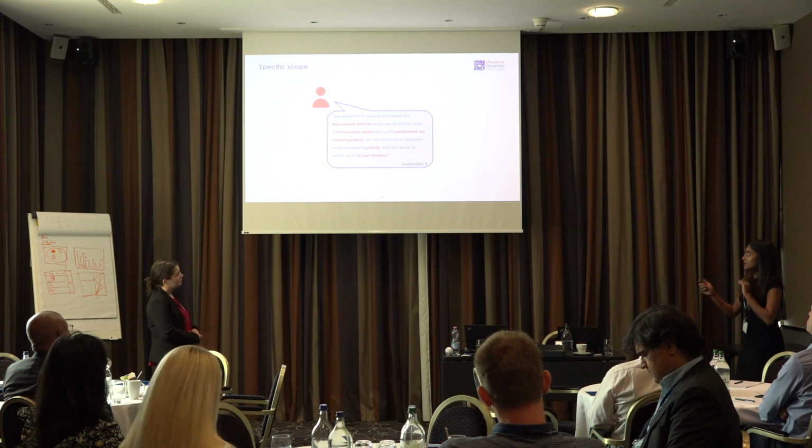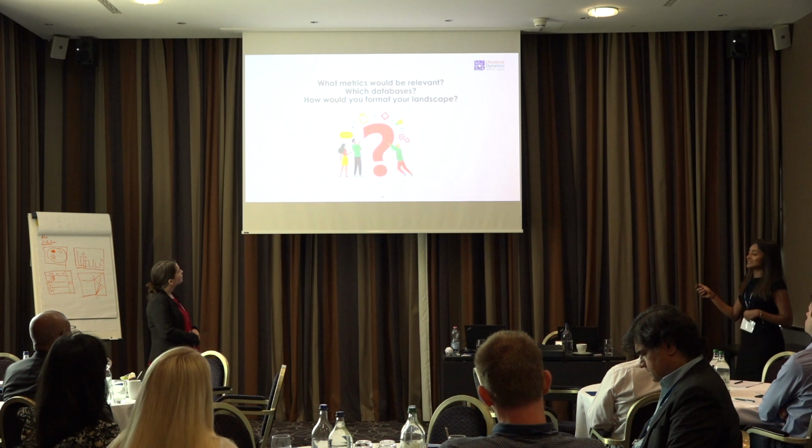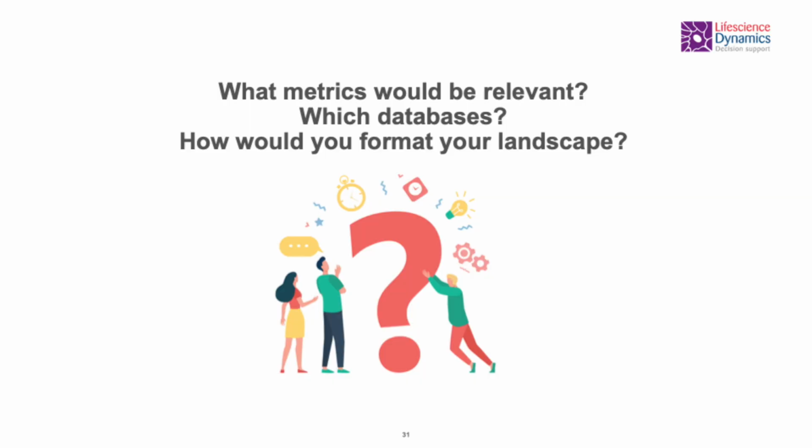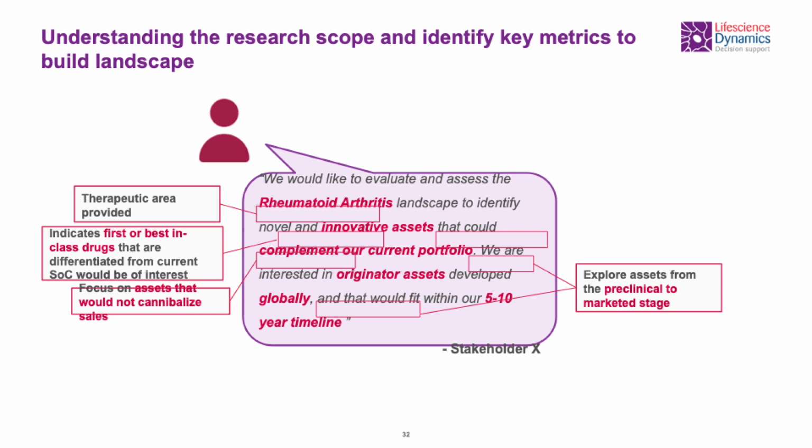That is important. And the next question here is which metrics, again, we've given clues by highlighting it, but which metrics are relevant, which databases would you use, and how would you format this landscape? So firstly, therapeutic area, we know is rheumatoid arthritis.